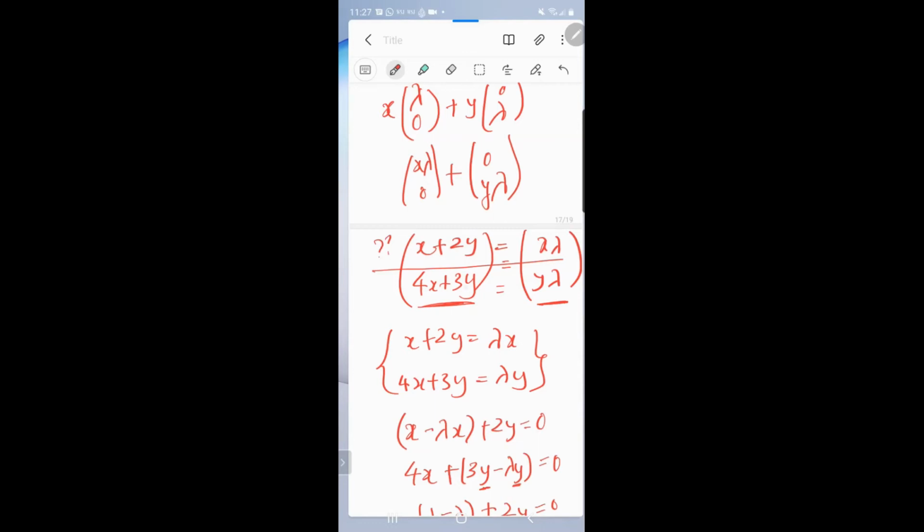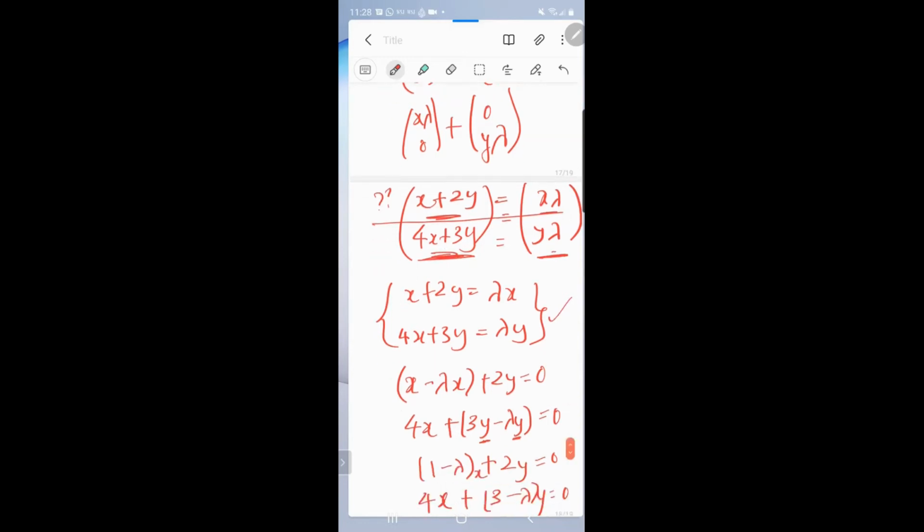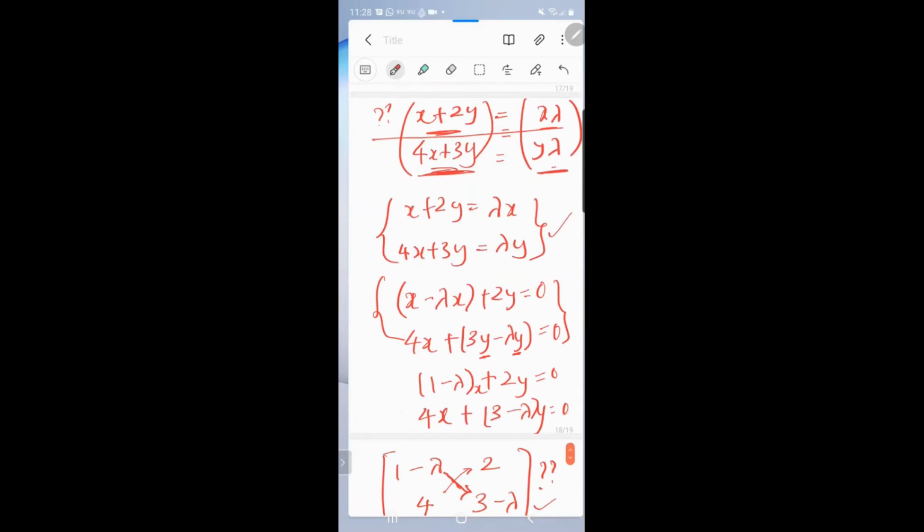Okay. Then I simply said this first value should be equal to this first value, and the second value should be equal to the second value. That gives me a set of two equations. Then I grouped all the terms on the left hand side. So I had x minus lambda x plus 2y, and then I had 4x and 3 minus lambda y.